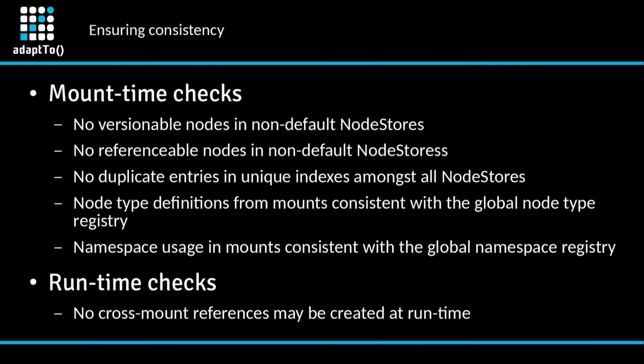But consider the fact that you would have one global node store and 3 mounts. If you create a reference from the global store to the private store, it would be only valid for one of those mounts, because potentially you can have different mounts on different node stores. So we simply don't allow ourselves to shoot ourselves in the foot that way.